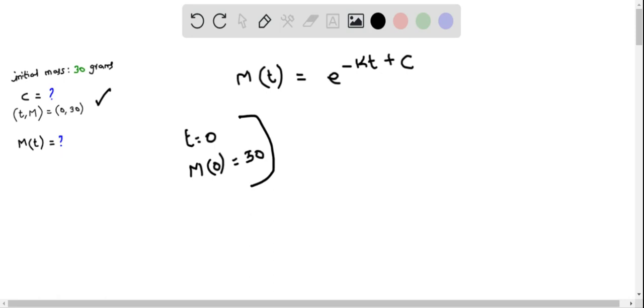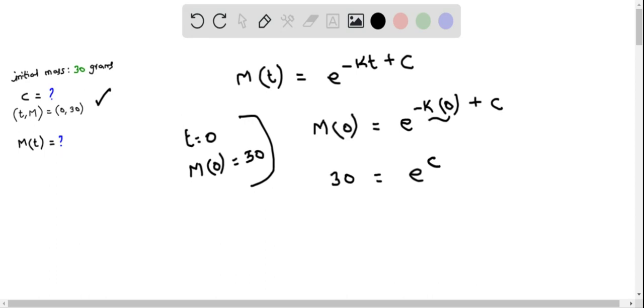Let's plug in t equal to 0 into this function, and when we do that, we get m of 0 equals e raised to the power of negative k times 0 plus c. Replace m of 0 by 30. So 30 equals e raised to the power of 0 plus c, which is c. So we are getting e to the power c equals 30.